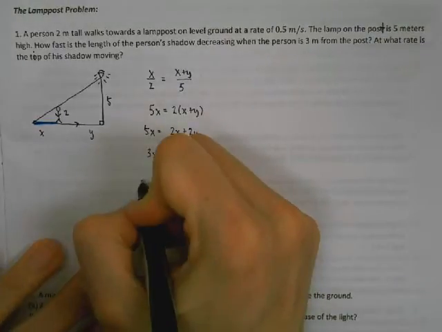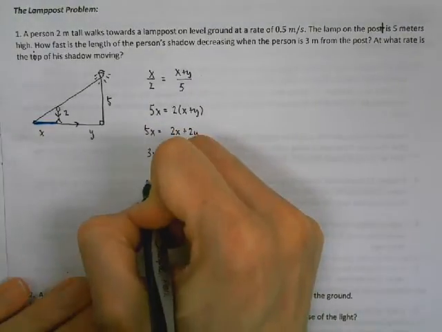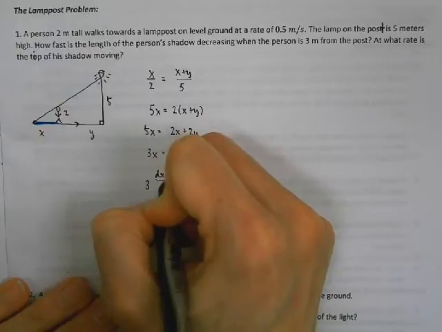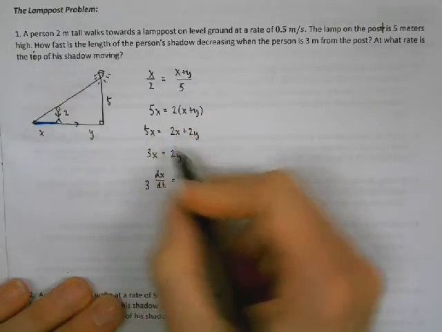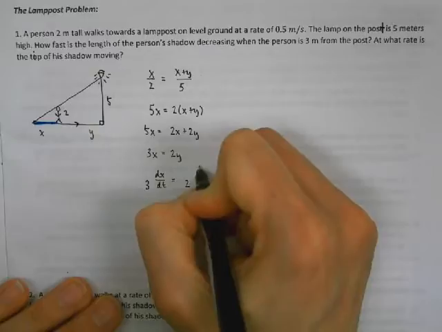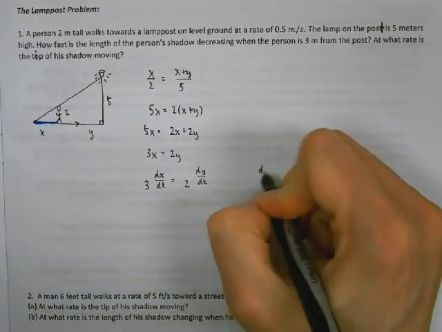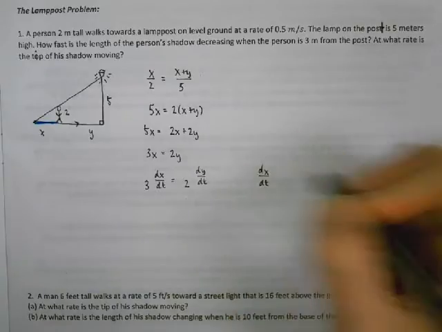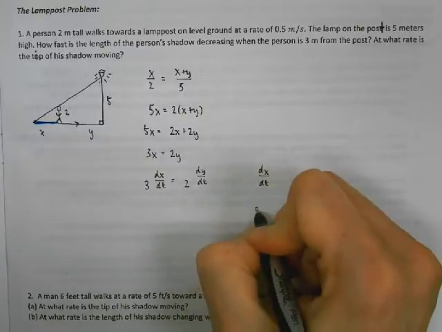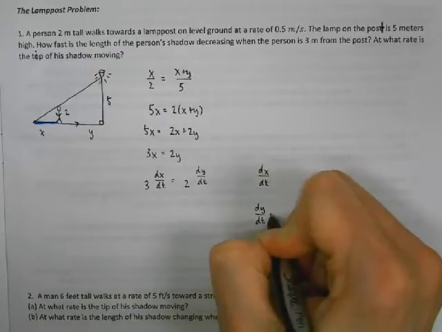Now I'm going to differentiate. The derivative of 3x is just 3 dx/dt, and on the right side, I get 2 times dy/dt. So all I need to solve is I have dx/dt, and I need dy/dt here.